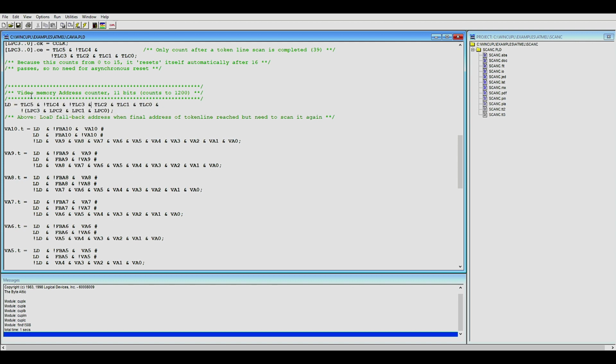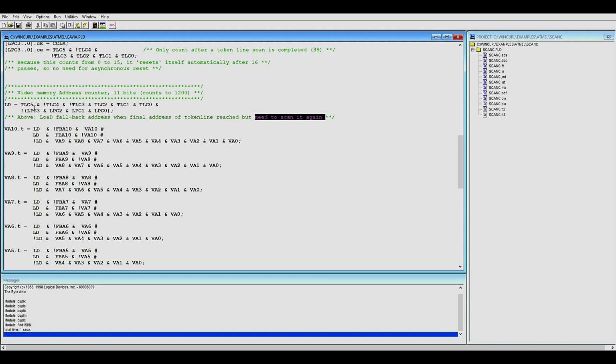And if you check the logic that you see here, the same way I've hinted before, TLC5 has to be 1, TLC4 has to be 0, TLC3 has to be 0, and so on and so forth. What you will see is the following. The load will be asserted, it will be true, it will be 1 when the final address of the token line is reached, but we need to scan it again.